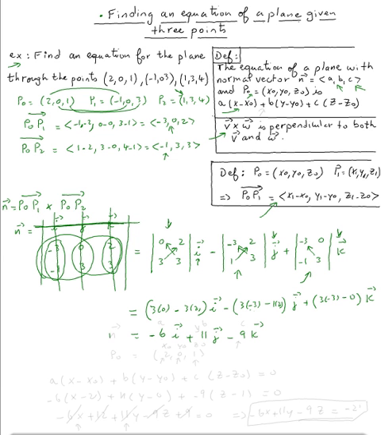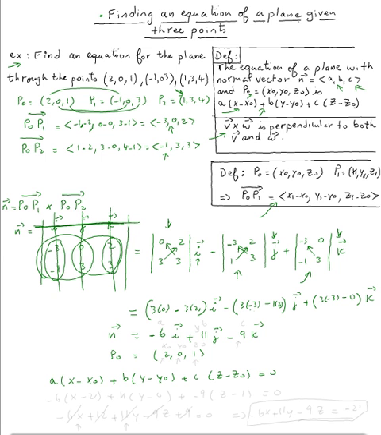So here's our normal vector. Now we have a normal vector, and we pick P0. You can pick any point, but we're going to use the point P0, which is (2, 0, 1). And now we're going to use this formula. The equation of the plane will be a times x minus x0, plus b times y minus y0, plus c times z minus z0 is equal to 0.